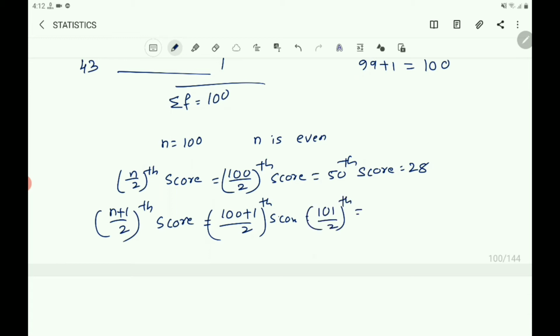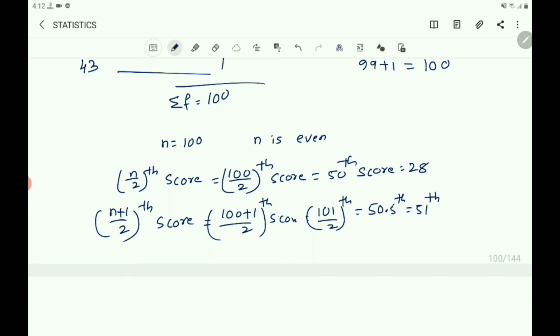So then you will get 50.5, that is approximately equal to the 51st score.